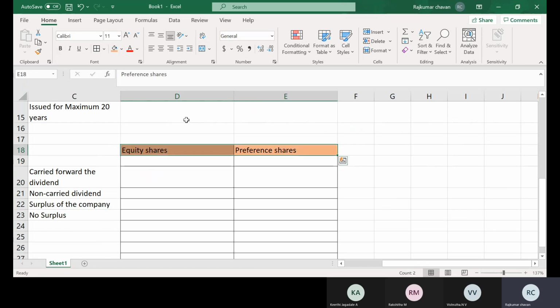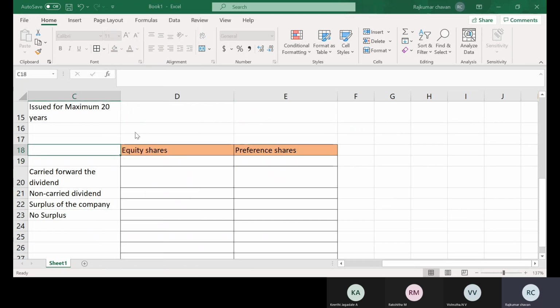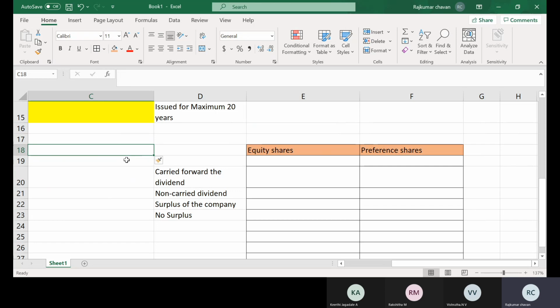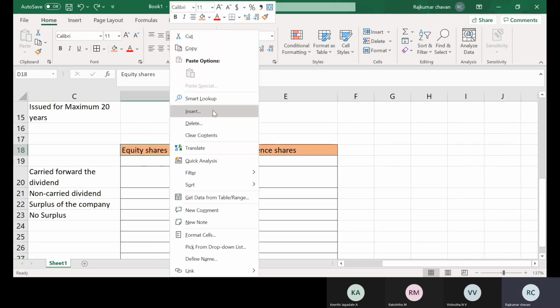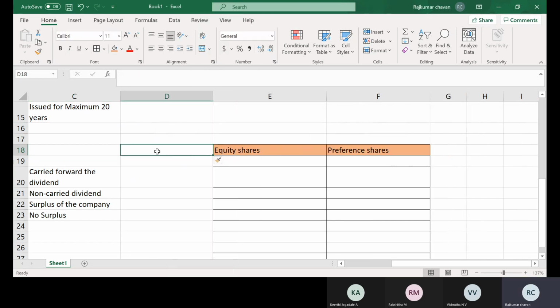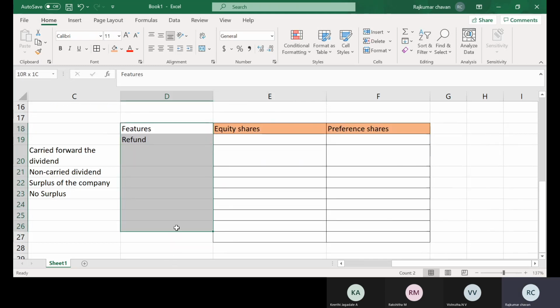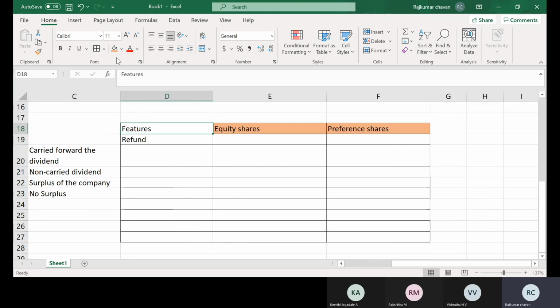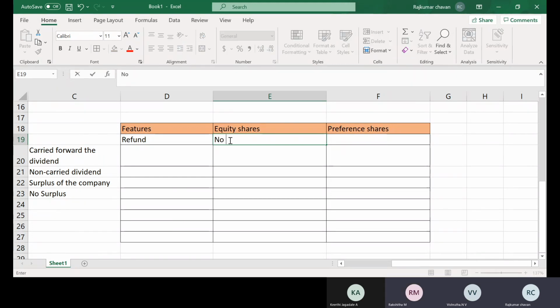Okay, let me write here. I'll just insert one column. Tell me, do you get refund in equity share capital? No, sir. So no refund.